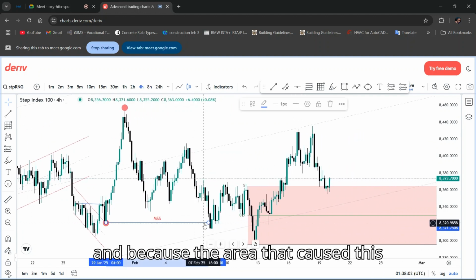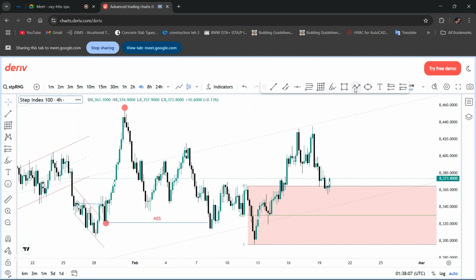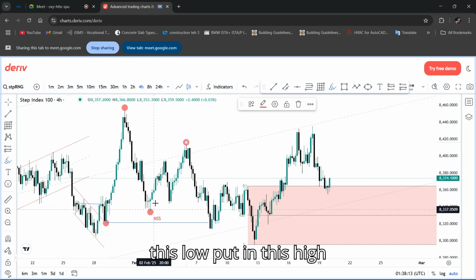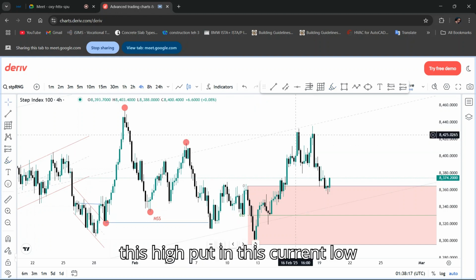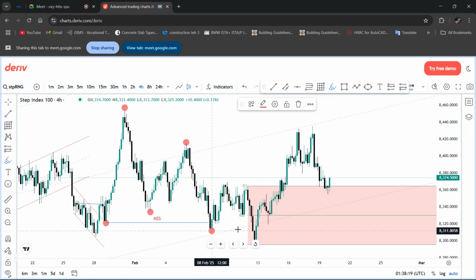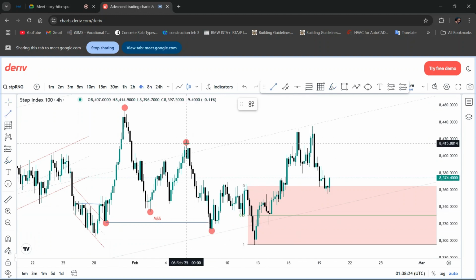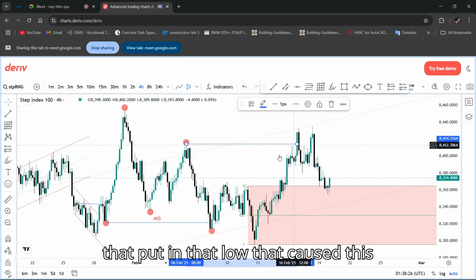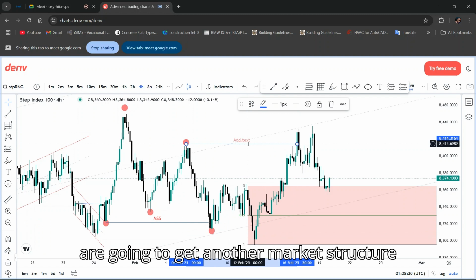And because the area that caused this break to happen was this high, this high put in this current low. We're expecting that if this high that put in that low that caused this market structure shift is taken out, we are going to get another market structure shift.